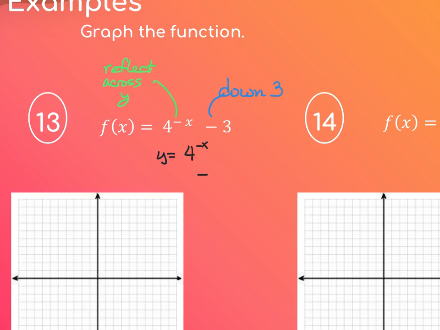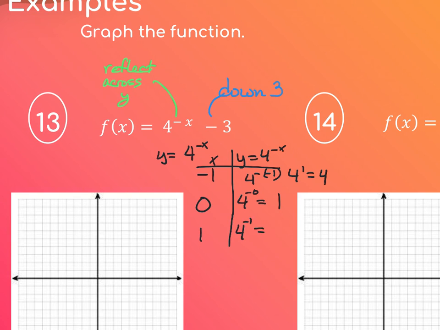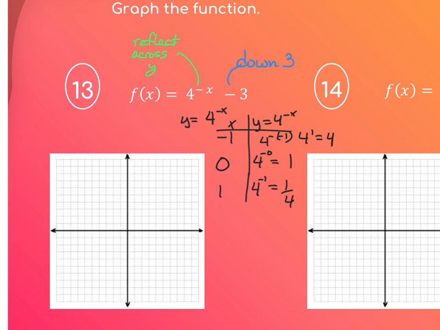So if I plug in a -1, I get 4 to the -1, which becomes 4 to the +1, which is 4. When I plug in 0, anything to the 0 power is 1. And when I plug in a 1, it becomes 1/4. So let's graph these, and then we're going to shift all of these 3 units down.